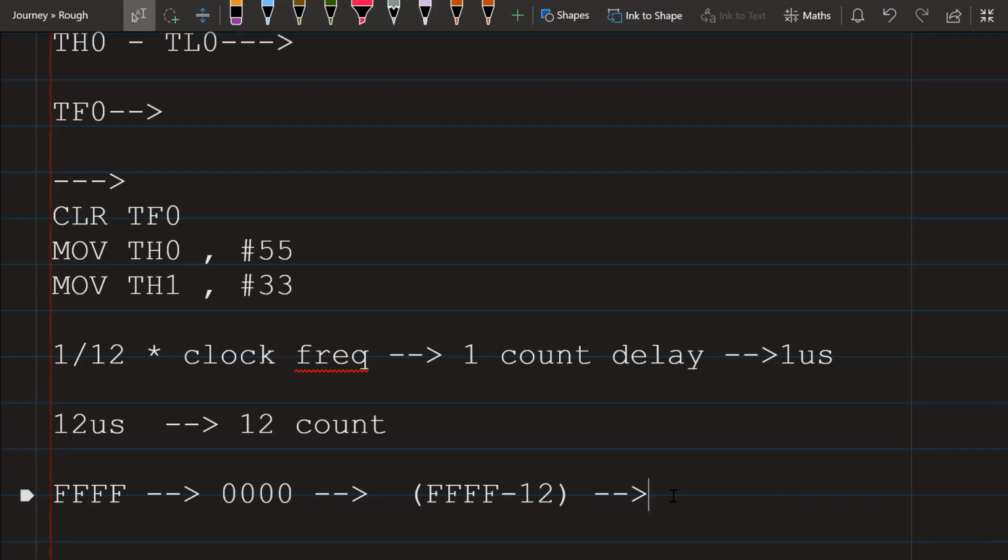If I want 2 milliseconds of delay, I have to load 8, because 8, 9, 10 becomes 2 milliseconds and your timer will overflow. I should not load 0. I should load the maximum minus how many counts of delay I want. Here the maximum is FFFF, minus 12. That count I have to load.